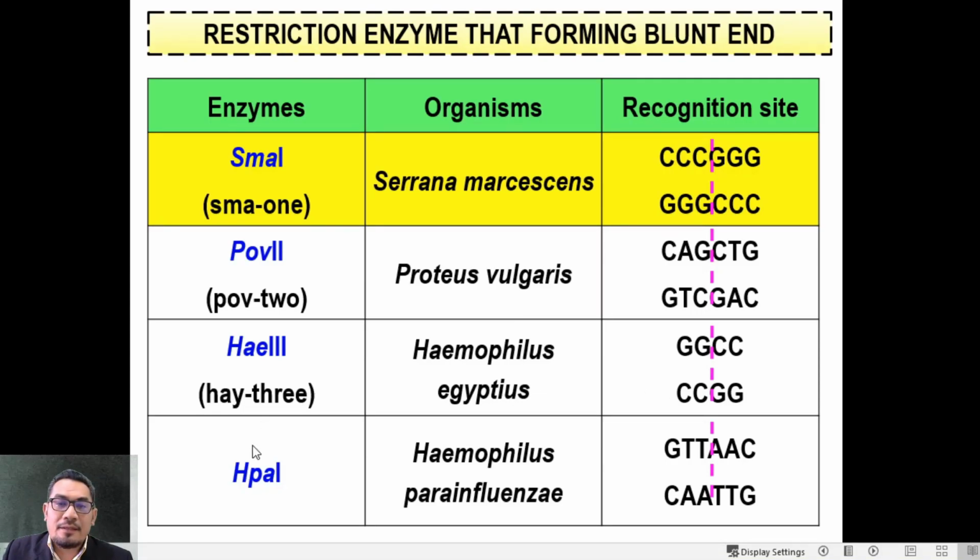And the fourth example is HpaI that comes from Haemophilus parainfluenzae, and the recognition site is 5 prime GTTAAC 3 prime, and the opposite strand 5 prime GTTAAC 3 prime.